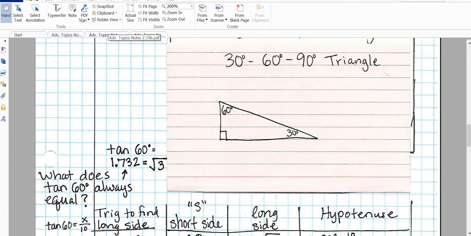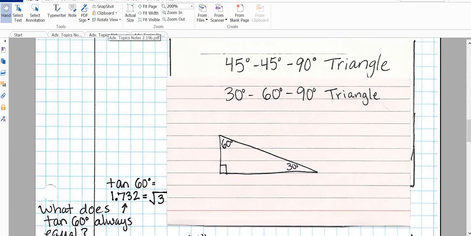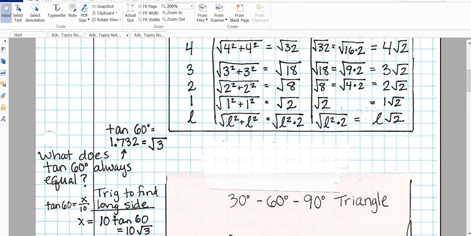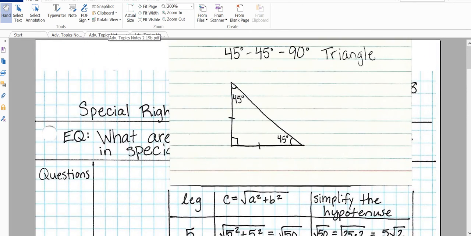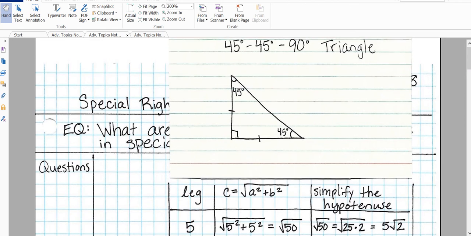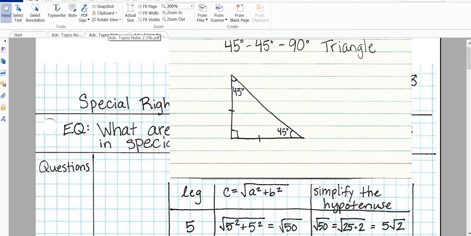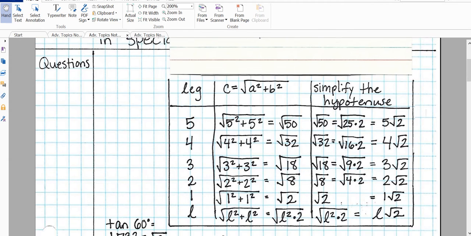Alright, so the next thing we're going to do is take a little look underneath our note cards. So I put some notes down here. I'm going to cover those up a little bit. Alright, so flip up your 45-45-90 card first of all, and then in the space that the card covers up, you can create a table.